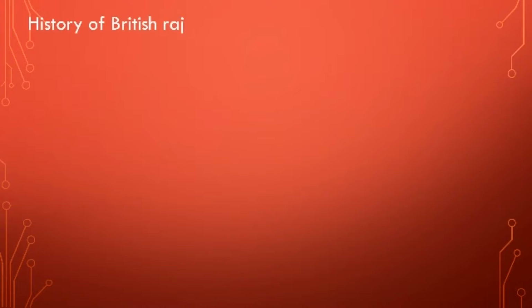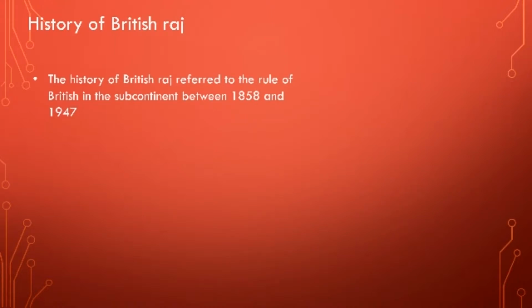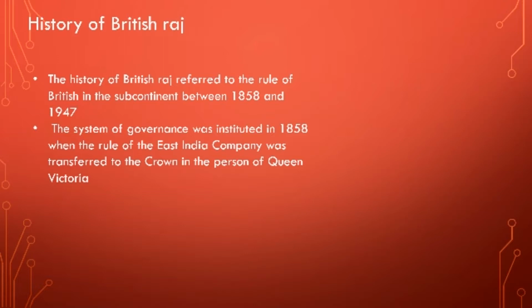History of the British Raj. The history of the British Raj refers to the rule of the British in the subcontinent between 1858 and 1947. The system of governance was instituted in 1858 when the rule of the East India Company was transferred to the crown in the person of Queen Victoria. Why was this rule transferred to the crown?